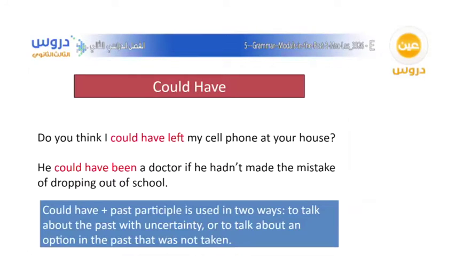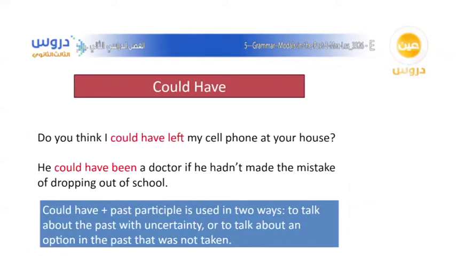Let's read these examples. Do you think I could have left my cell phone at your house? He could have been a doctor if he hadn't made the mistake of dropping out of school. The example you've made is similar to the second one here. He could have been a doctor if he hadn't made the mistake of dropping out of school.